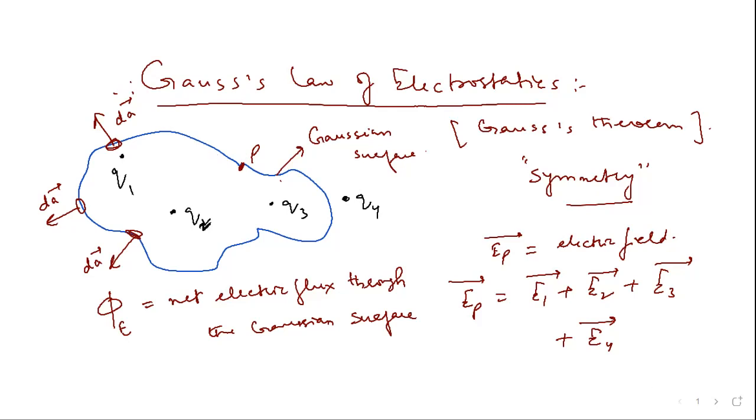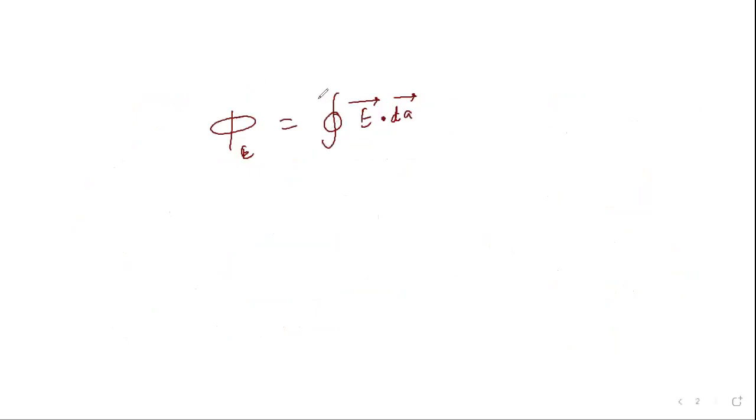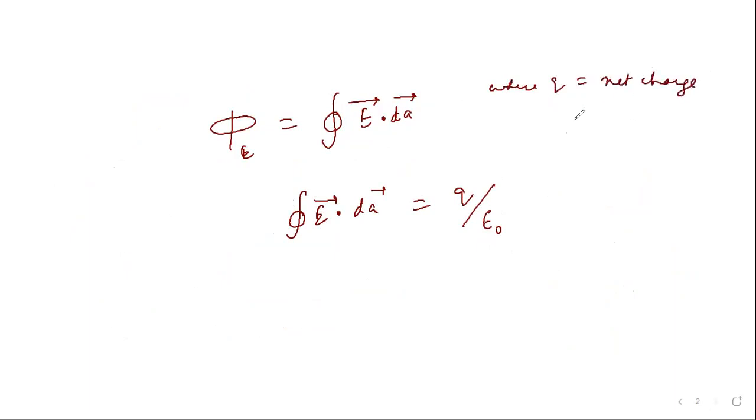Now Gauss's law says that when you calculate this net electric flux through the surface, then your electric flux through your Gaussian surface will be equal to Q by epsilon naught, where Q is the net charge inside the Gaussian surface.